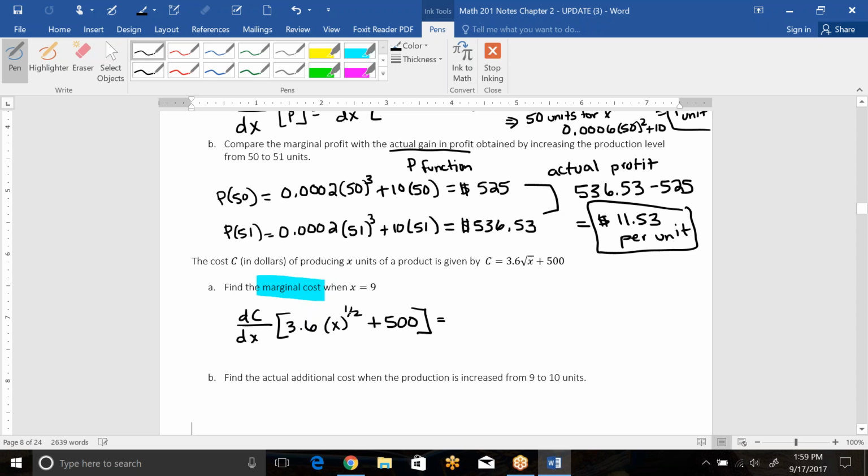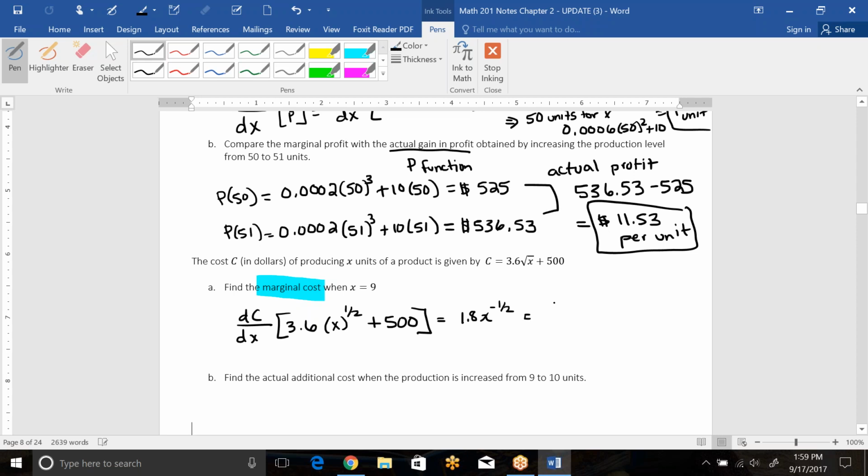Okay, if we take the derivative of that, we take 1/2 and take it to the front and multiply it by the 3.6, which is going to be 1.8. We subtract 1 from the power, so that'd be X to the negative 1/2. And then the derivative of 500, since there's no X, that's just going to be 0.